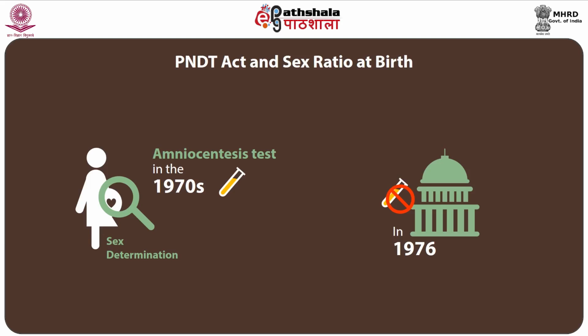So, the government even framed a law as early as 1976 banning sex determination as part of the amniocentesis test. But despite the ban through a law, it was often argued that the test widely continued and sex selective abortions are widely carried out in many parts of the country.